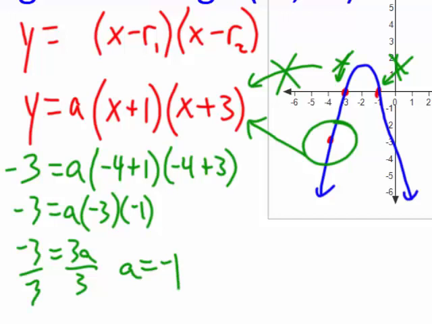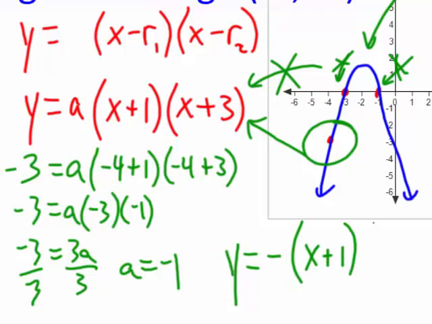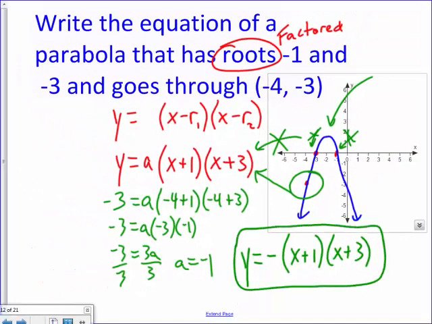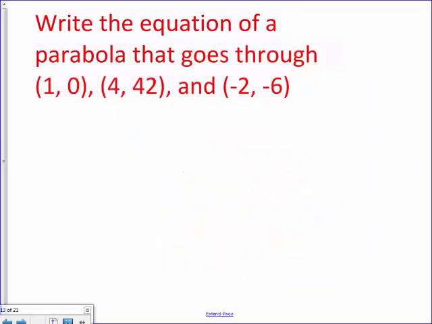That makes sense because my graph, if you look, is flipped, right? So it's y equals negative, (x plus 1)(x plus 3) for my roots. And if I wanted general form, I could just run through my FOIL there and get that expanded out. All right, what about if it doesn't give us a vertex or any root?